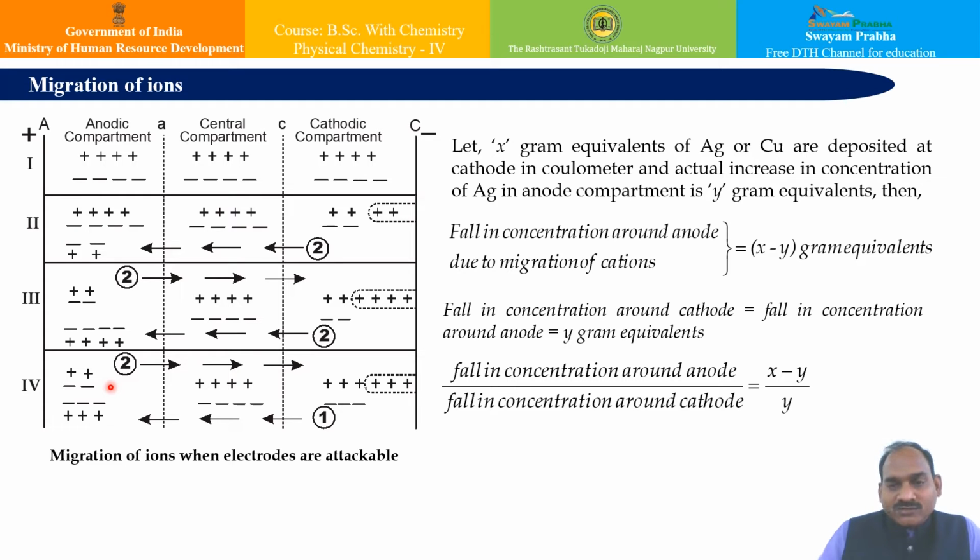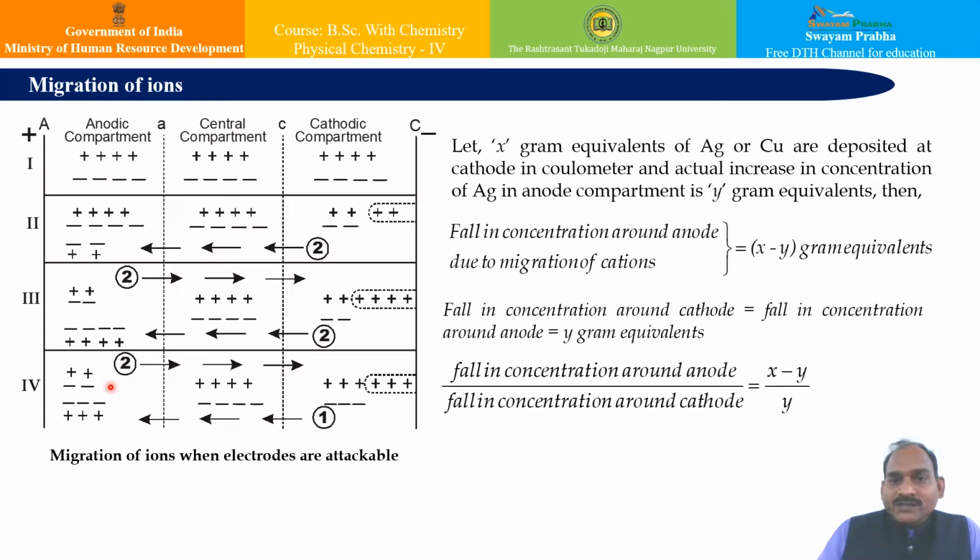So see, you can prepare a coulometer very easily. You can take a glass beaker and take in that beaker silver nitrate or copper sulfate solution. If you are taking silver nitrate solution, take silver electrodes. If you are taking copper sulfate solution, you can take copper electrodes.